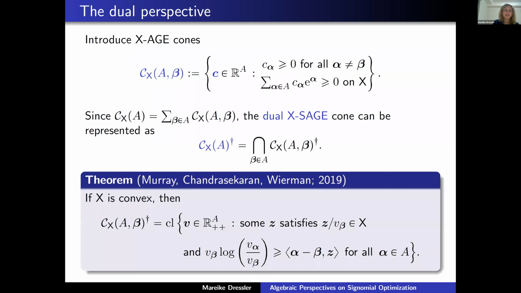And then I can write our X-Sage cone as a Minkowski sum of these smaller XH cones. And then clearly the dual X-Sage cone, via standard rules in conic duality, is just the intersection of these duals of the smaller XH cones.